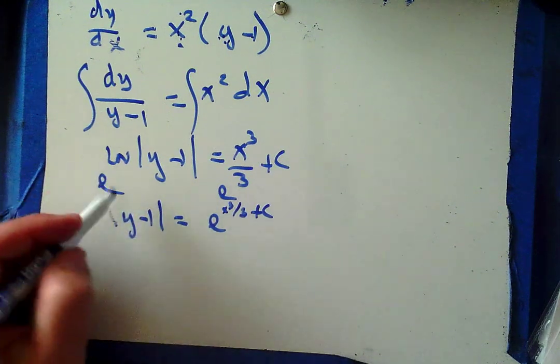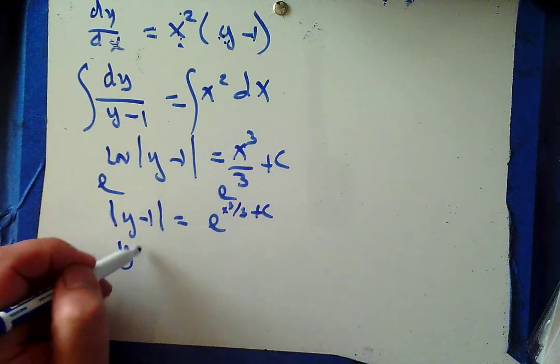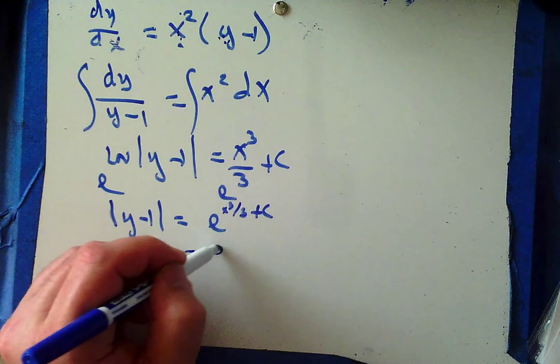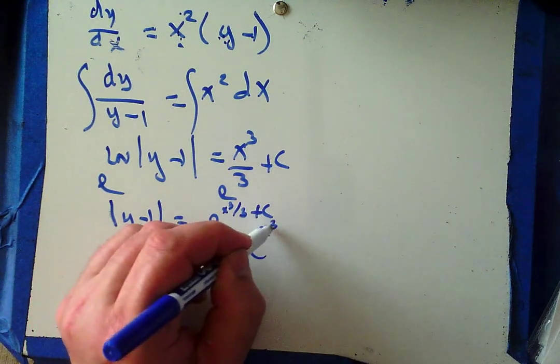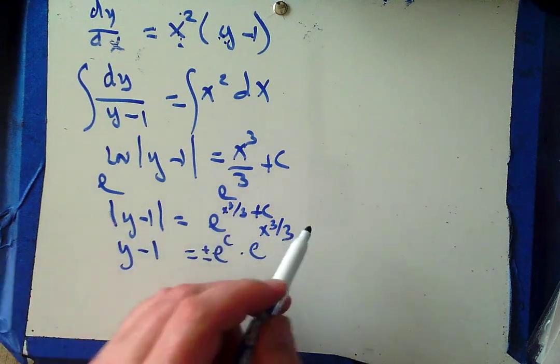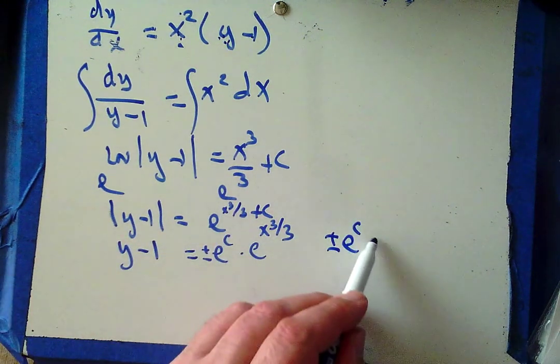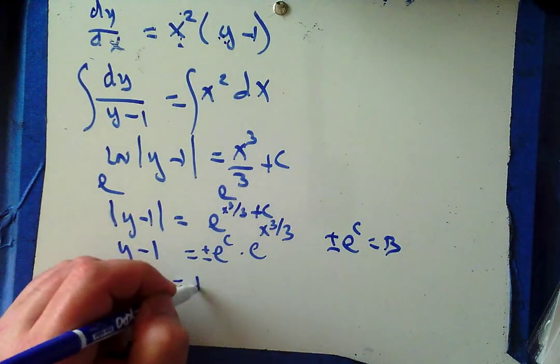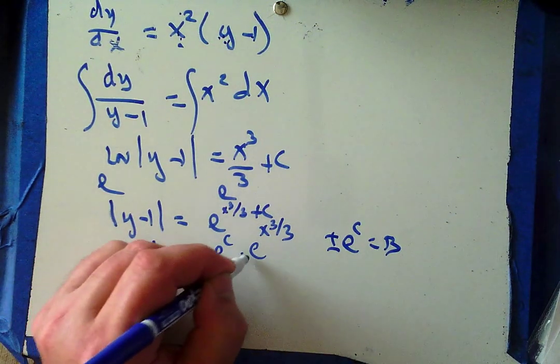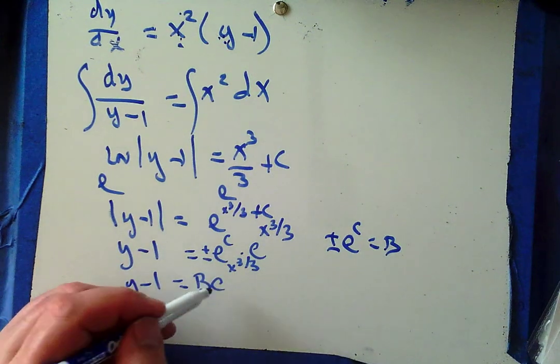Now I'm going to get rid of that absolute value and have plus and minus e to the c times e to the x to the third over 3. Let's say plus and minus e to the c equals b, and we can say y minus 1 equals b e to the x to the third over 3.